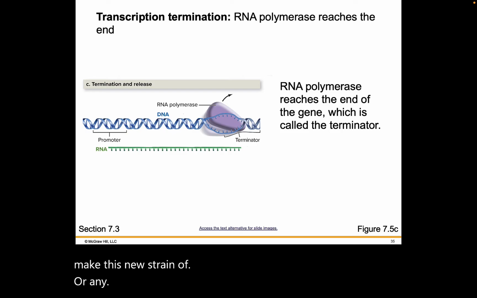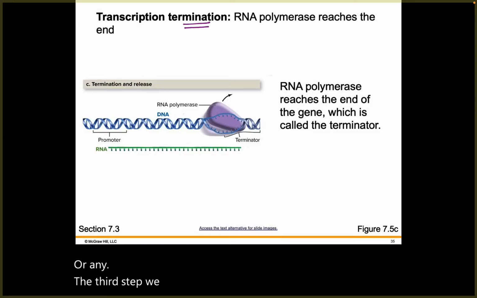The third step we have is termination. And if you get terminated from a job, you're basically getting fired. So you stop working there. That's what happens here. The RNA will reach the end.